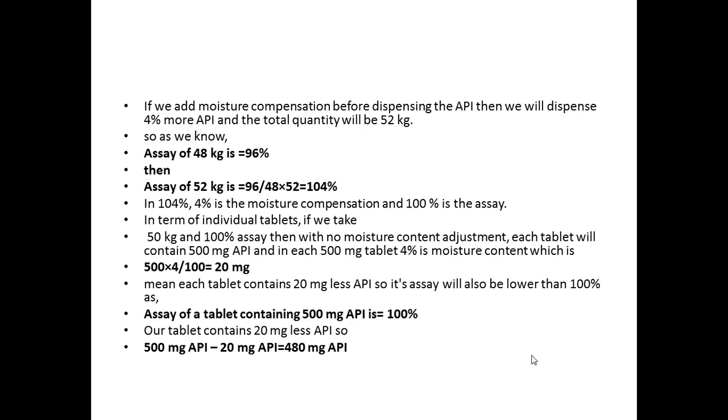In terms of individual tablets, if we take 50 kg and 100% assay, then with no moisture content adjustment, each tablet will contain 500 mg API, and of each 500 mg tablet, 4% is moisture content, which is 500 multiplied by 4%, equal to 20 mg, meaning each tablet contains 20 mg less API, so its assay will also be lower than 100%.